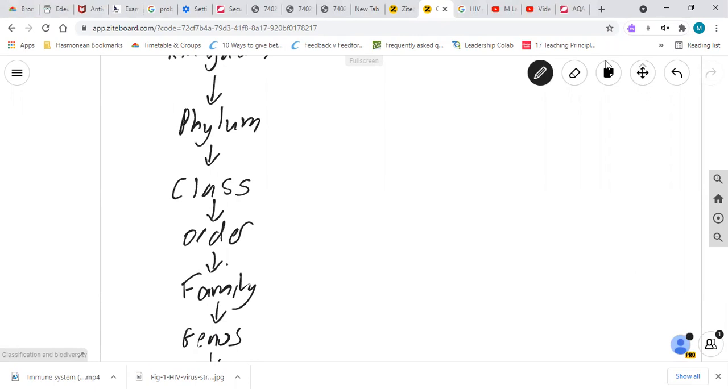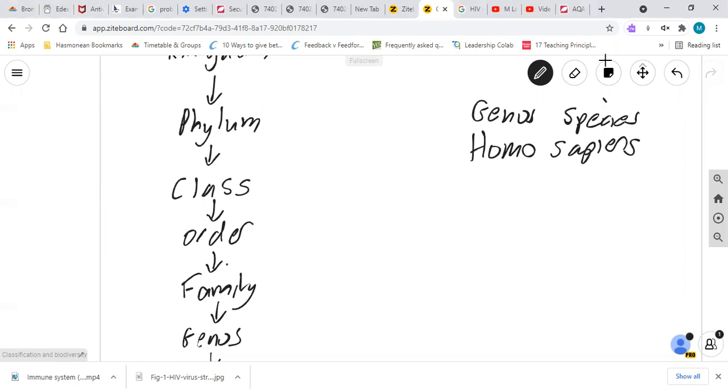So for example, if you look at man, Homo sapiens, what's important to know is when you look at binomial naming, the first name, which is in capital letters, is the genus, and the second name, which is in lowercase, is the species.